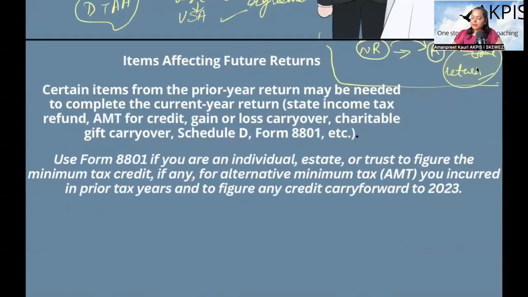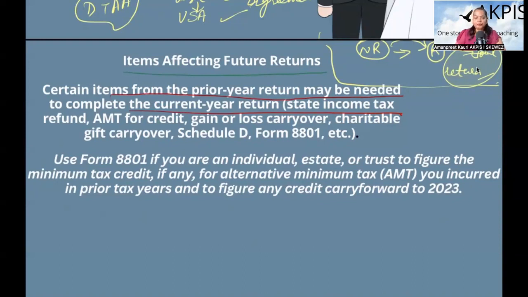Now, let's proceed further. So, items affecting future returns, right? Certain items from the prior year may be needed to complete the current year return. For example, any kind of income tax refund in the previous year, or any kind of carry forward gain or loss. Because if you carry forward any kind of losses, then it affects your current income tax computation.